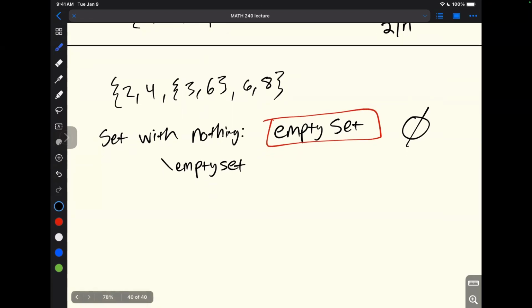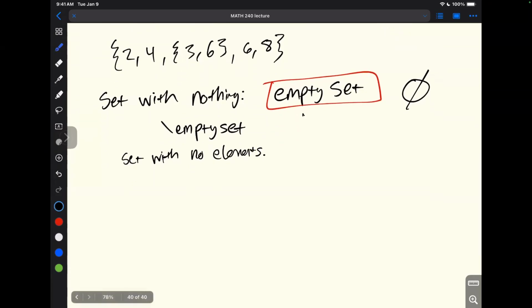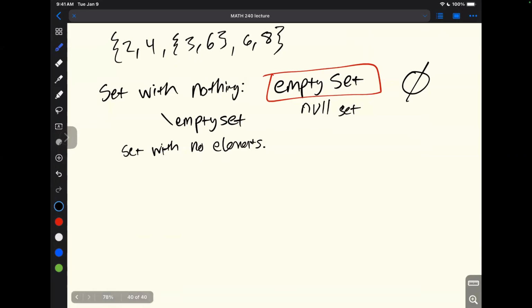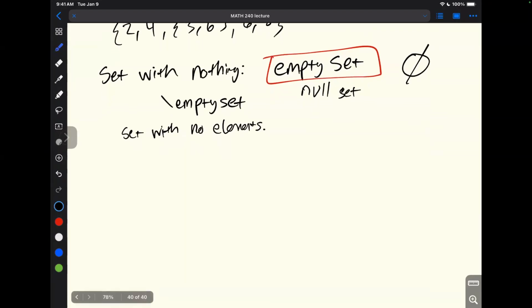This is just saying the set with no elements. You'll also see it called the null set, null meaning nothing, again containing nothing. Sometimes it's also written just as empty curly brackets.